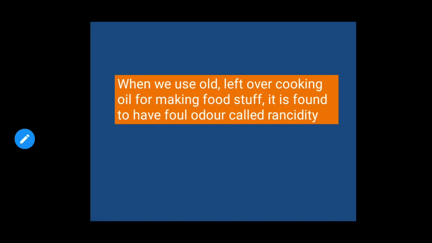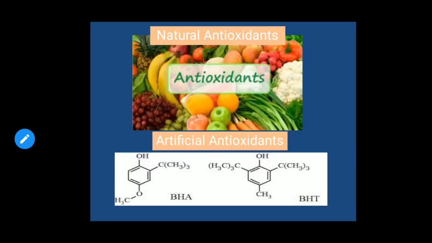Rancidity in the foodstuff cooked in oil or ghee is prevented by using antioxidants. Antioxidants are substances which do not allow the fat and oil in food to get oxidized.